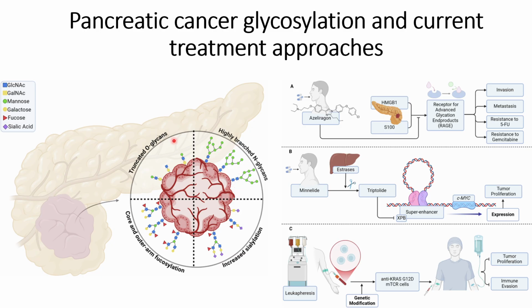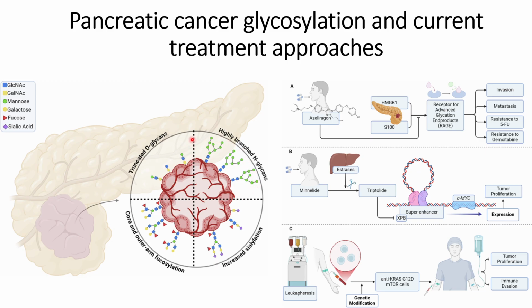So in the case of pancreatic cancer, there is a change in the glycosylation profiles that has been observed. The major changes that people have seen are the truncated O-glycans, where the O-glycans are truncated and only Tn or STn antigens are present.